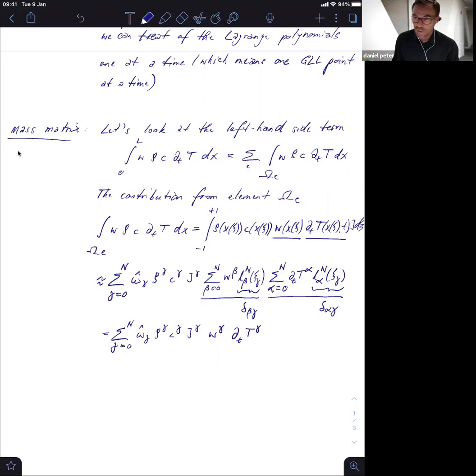So you see, because of that property of the Lagrange polynomials, that they are only 1 at one particular GLL point and 0 on all the other GLL points, these sums basically just simplify. And the only sum that we have is this sum over gamma, which comes from the integration rule.